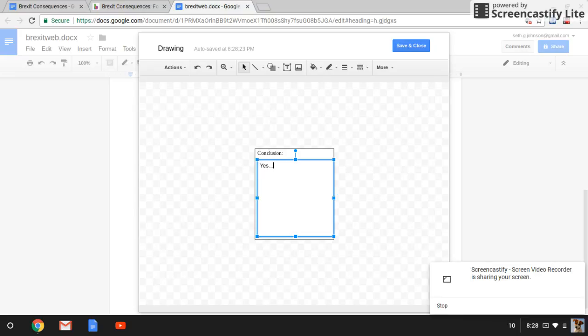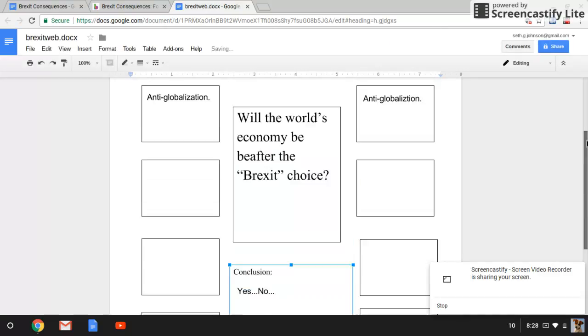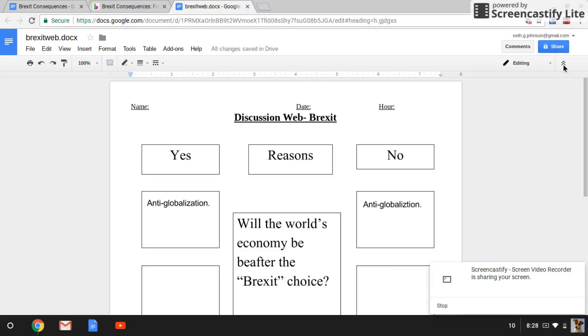So we have anti-globalization. Students read through and find a few more meanings. They come to a conclusion. They find a reason why, yes, it is a great thing, or no, Brexit will not help our economy.